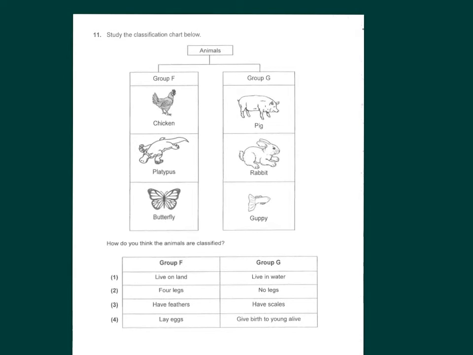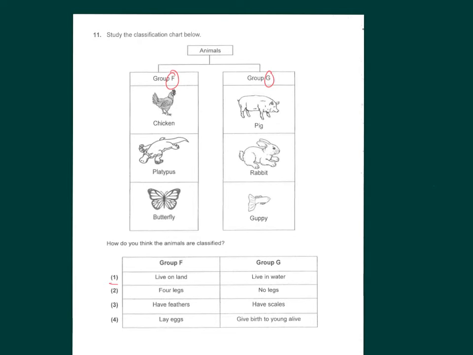Question 11, study the classification chart below. So this chart begins with animals, and then you have two groups, F and G. Alright, we need to look at some of the common characteristics. So let's look at option 1. Option 1, live on land. Let's take a look at all these things to see if they all live on land.